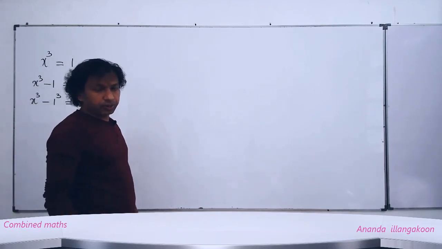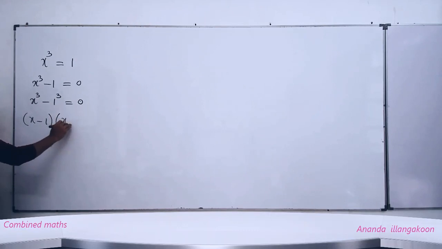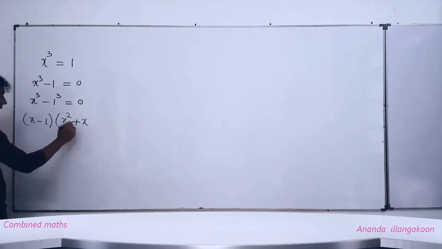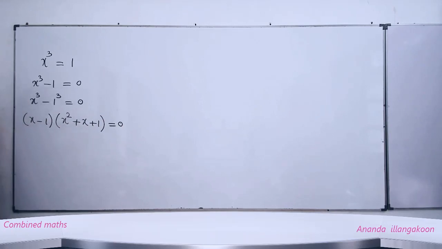Now here I factorize this using difference of 2 cubes: x minus 1 times x squared plus x plus 1 equals 0.